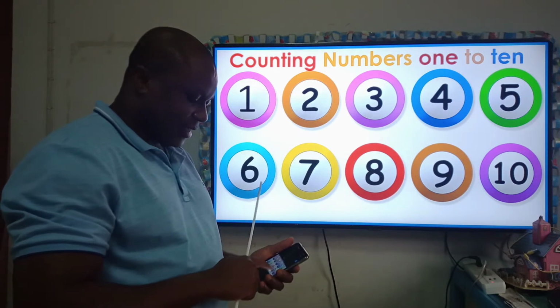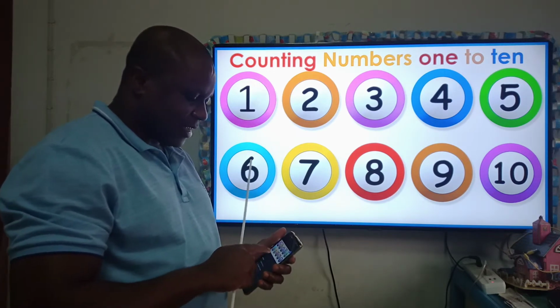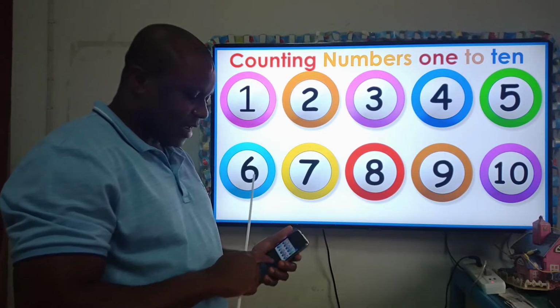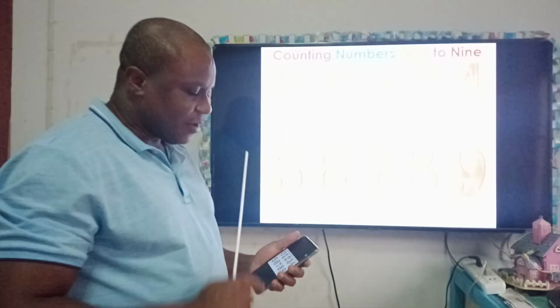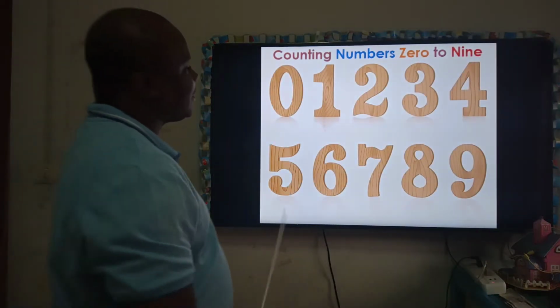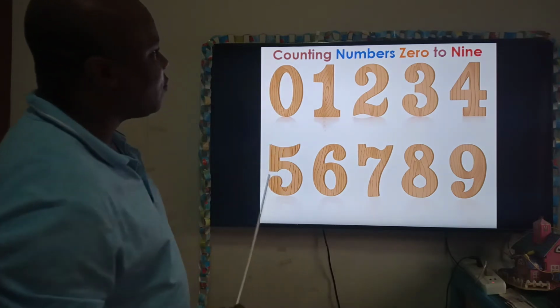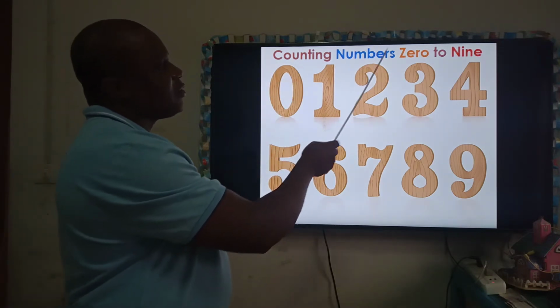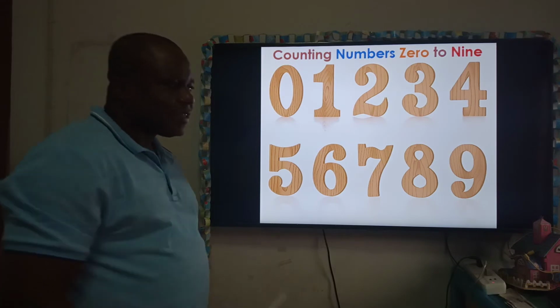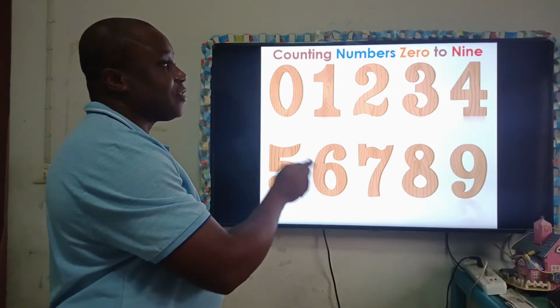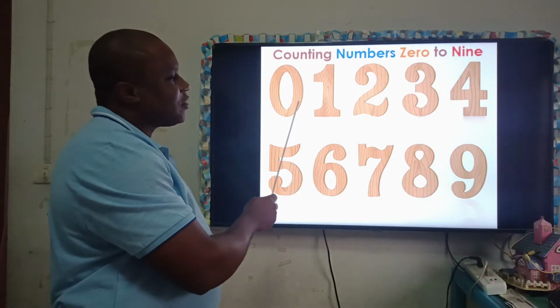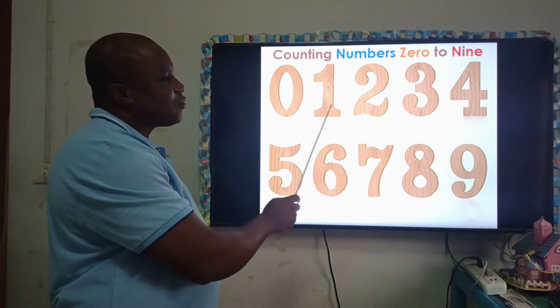And another thing is that I want you to see that there are many ways to count numbers. When you look at these ones now, you can see that we start from what? Counting numbers 0 to 9. You can see that we do not count 0 to 10 here. So this is what? 0. This one is what? 1.